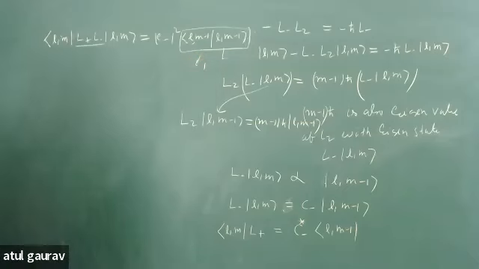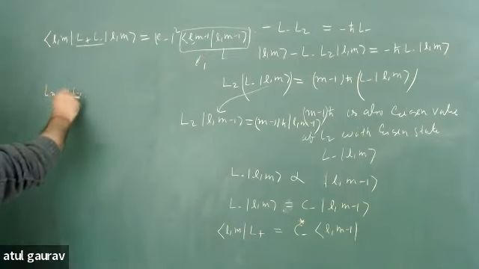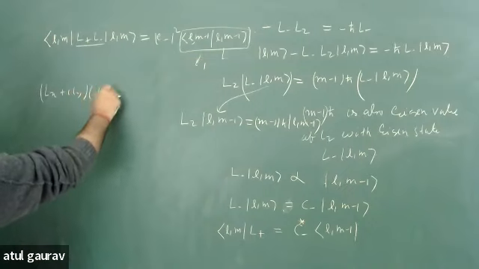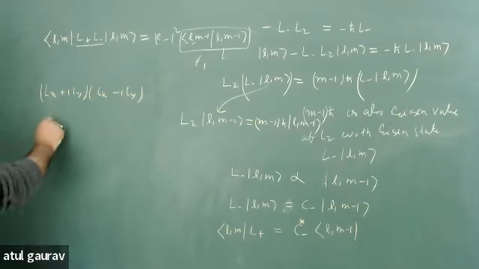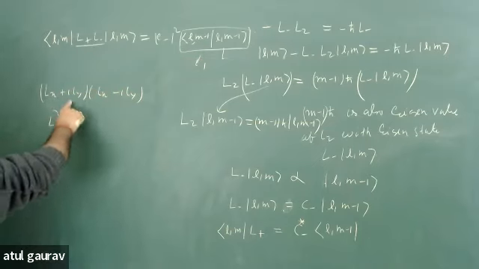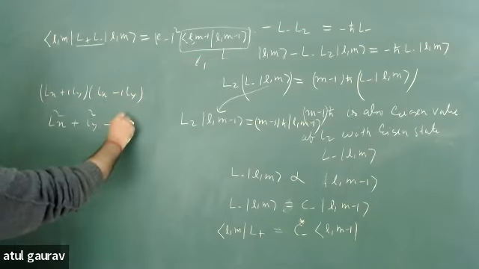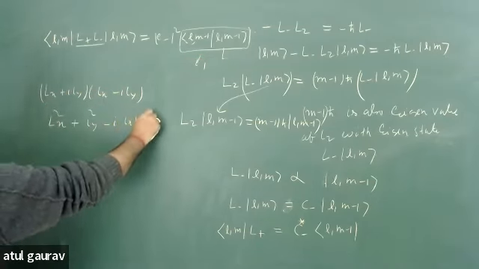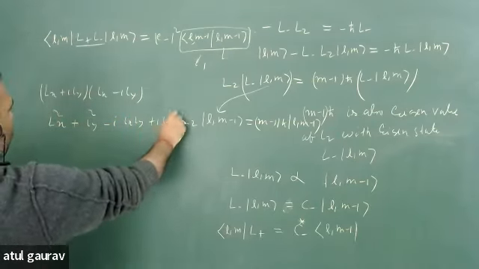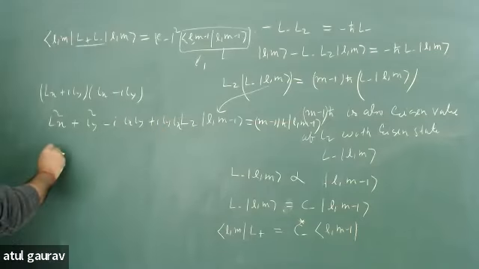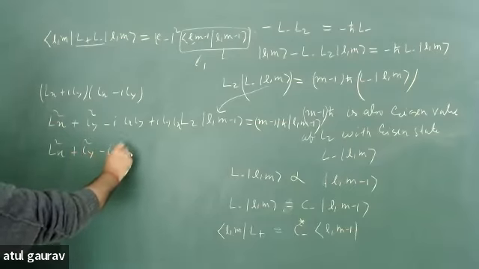So what we have? We have L plus as Lx plus I Ly into Lx minus I Ly. And when you multiply it, you have Lx square, you have Ly square, you have minus I Lx Ly, and you have plus I Ly Lx. So Lx square plus Ly square, I can take minus sign common.